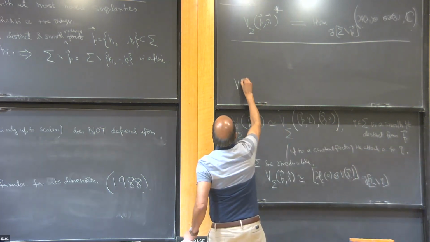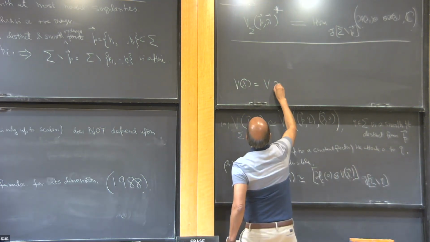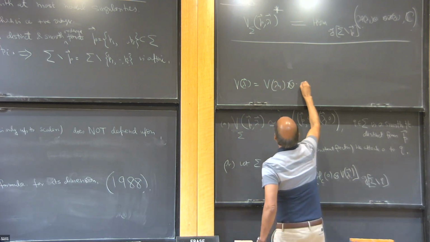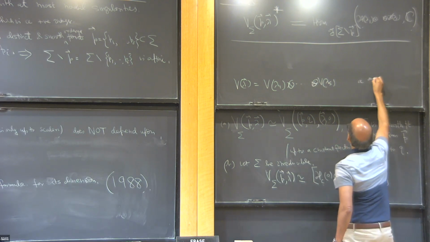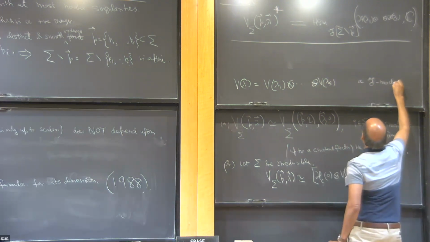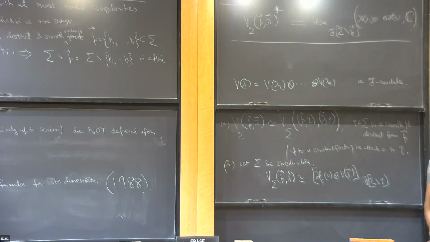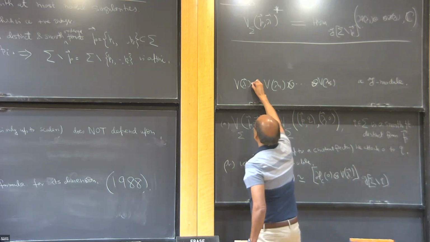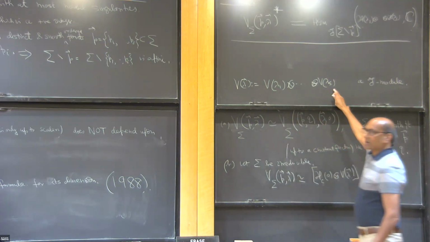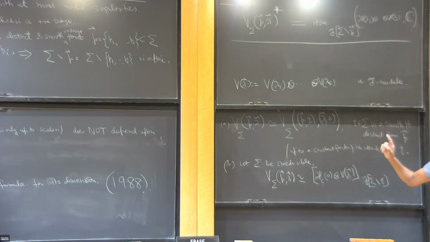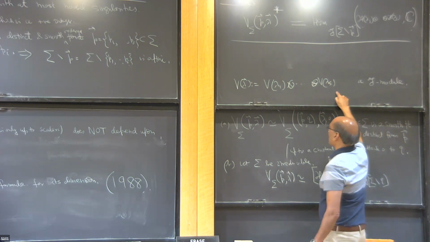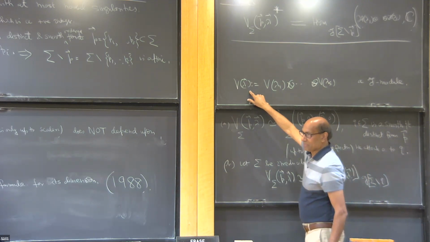V lambda is nothing but V of lambda 1 tensor V of lambda S, a G module, not a G hat module. By definition, the lambda i's are highest weights for G also. So I take the standard finite dimensional irreducible representations for G and take their tensor product. This is the definition of V lambda.